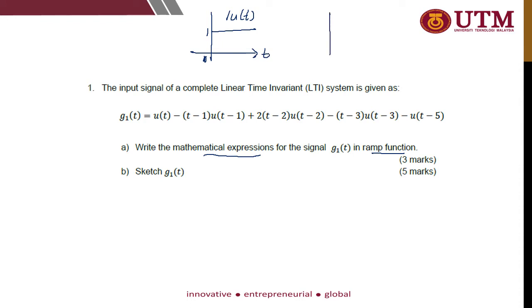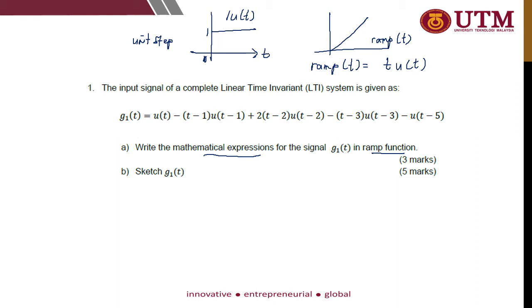If you have a ramp, a line with gradient, this is the ramp function, ramp(t), in which ramp(t) can also be represented in unit step function. This is the unit step, and this is the ramp function. So ramp(t) is equal to t u(t).